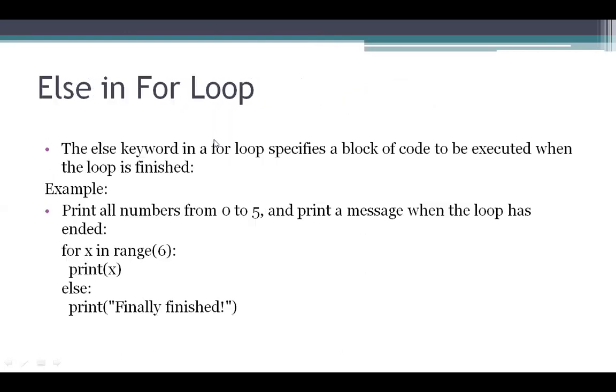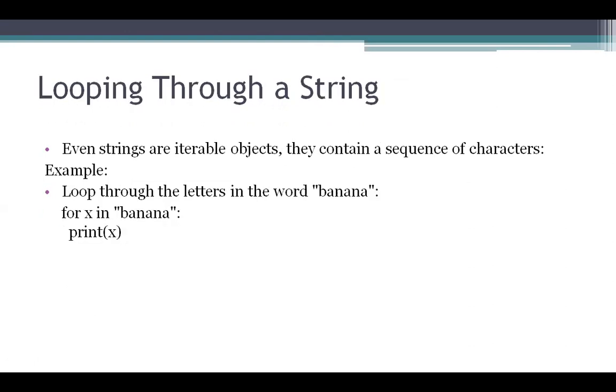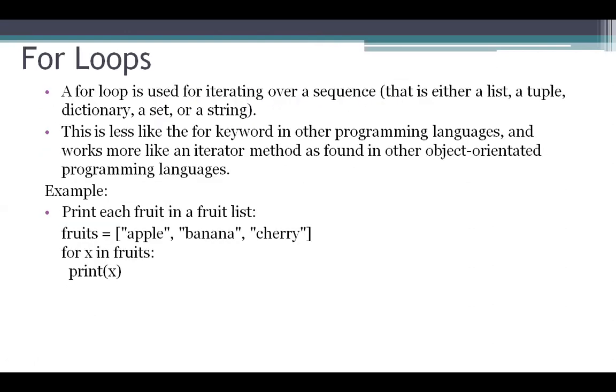Okay. So in this session, what we have seen is the for loop, which is used for iterating over a sequence. It might be a list, tuple, dictionary, set, or string. Compared to other programming languages, the for loop is used differently, but when it comes to Python, the for loop acts more like an iterator method.